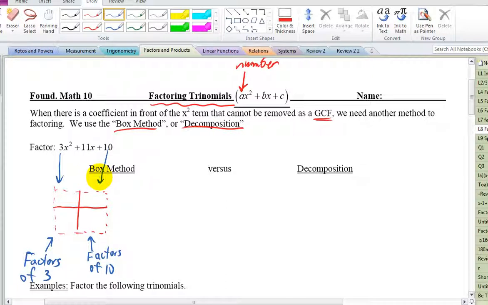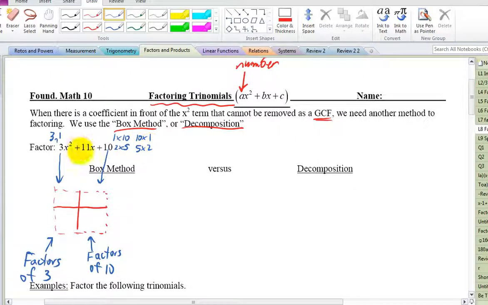Now before you even start doing your box, you should write down what the factors could be. 3 is easy, it's 3 and 1. But 10 could be 1 times 10 or 10 times 1. What's the other combination? A 2 times 5 or 5 times 2. So there's 4 different combinations.